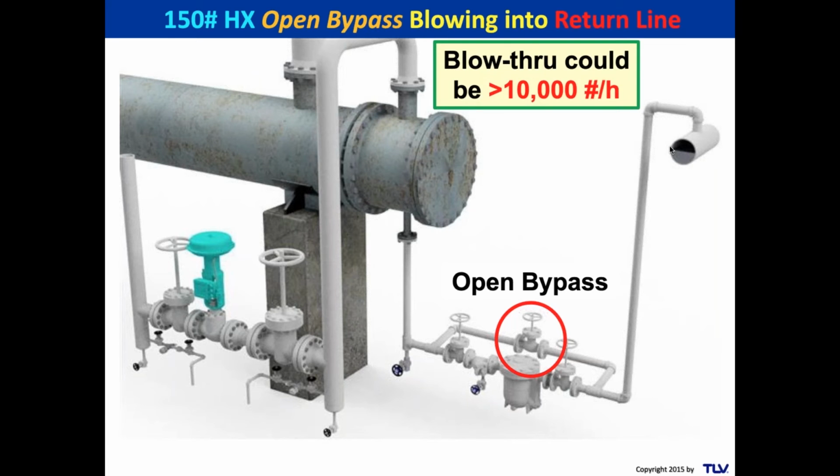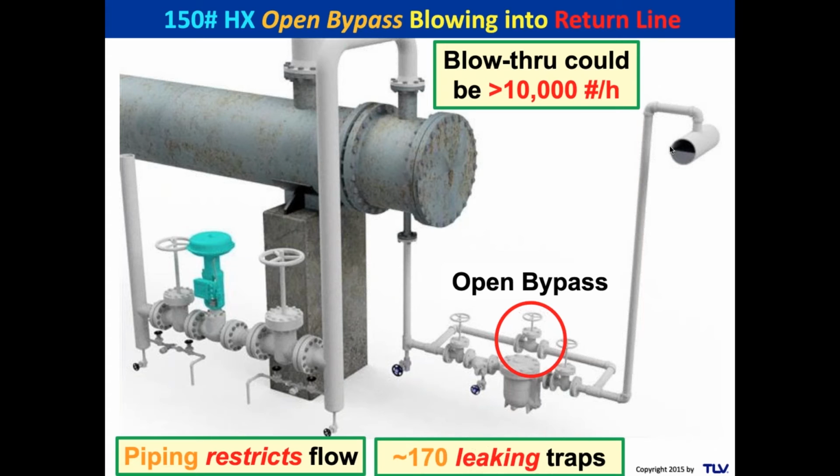Yeah, well, they always open the bypasses, you might think. Well, they only do it when the drainage device is not working for some reason. But the blow through off of this bypass could be 10,000 pounds an hour. Now, the piping is going to restrict that flow, otherwise it could be more. Using the same 60 pounds an hour scenario of the high pressure trap, that's 170 leaking traps.